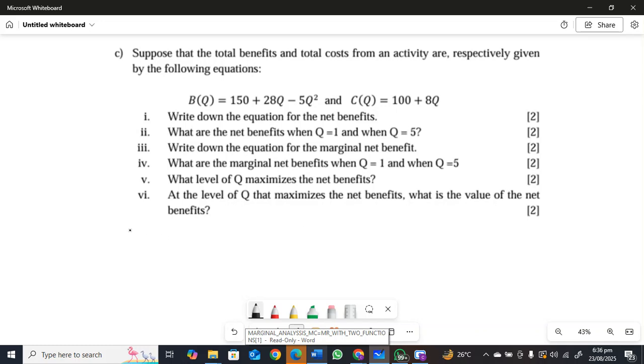So net benefit, we call it NB, equals total benefit B(Q) minus total cost C(Q).